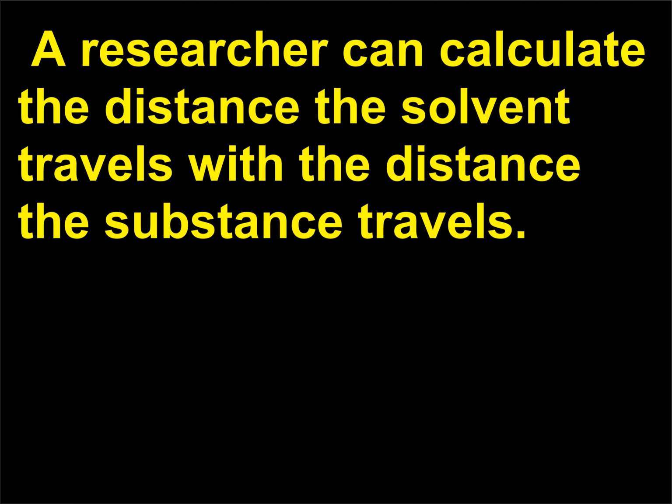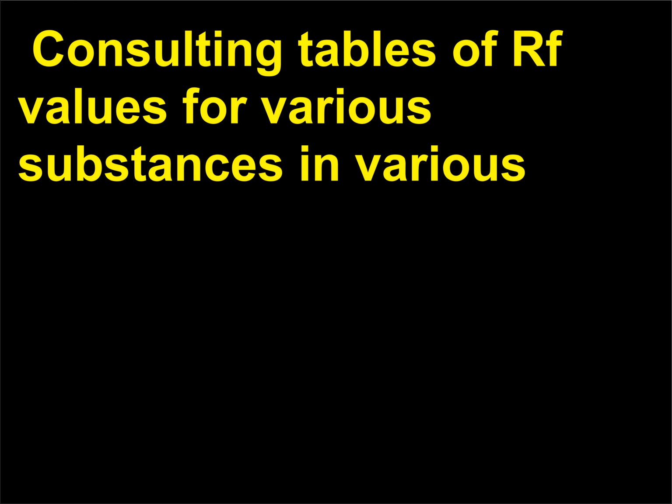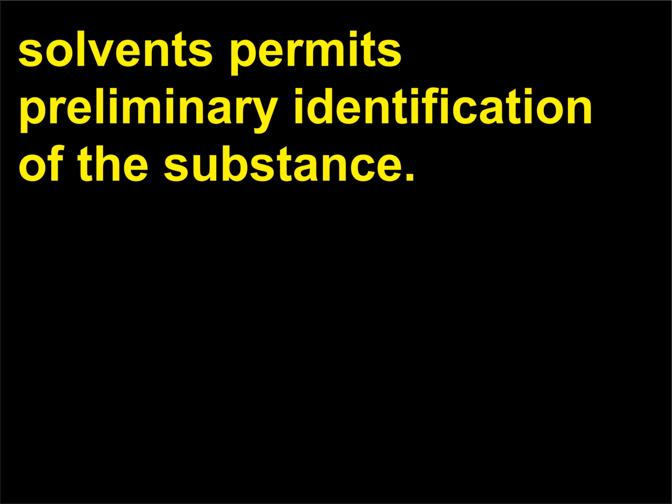A researcher can calculate the distance the solvent travels with the distance the substance travels. The result is known as the RF value. Consulting tables of RF values for various substances in various solvents permits preliminary identification of the substance.